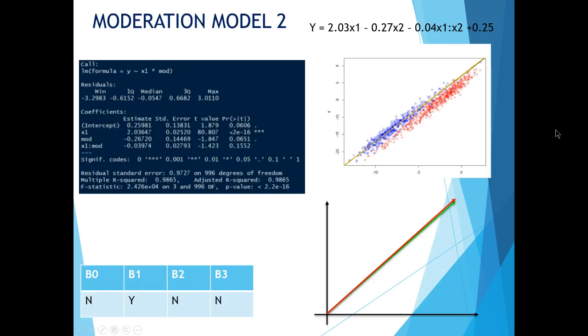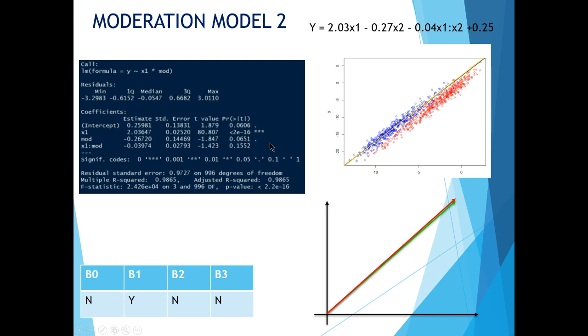So our second model, here's what we are hoping to get, which is lines right on top of each other, and where B0, B2, and B3 are not significant while B1 is significant. So we get this honestly beautiful graph right here that is almost identical to what we were hoping for.